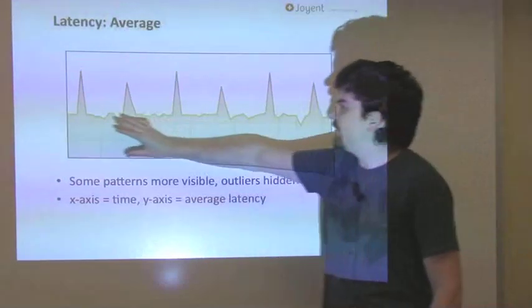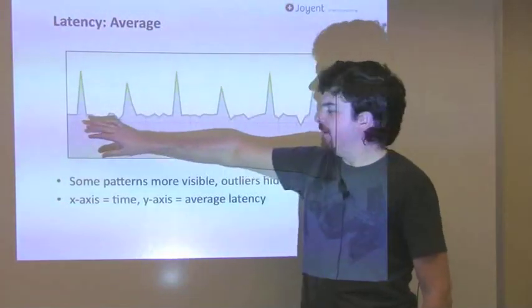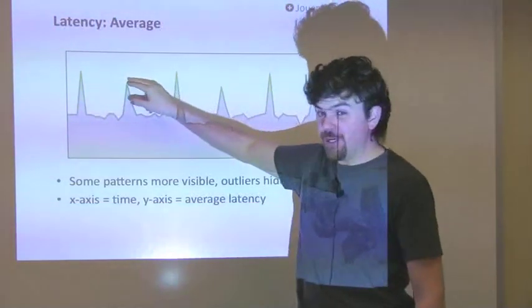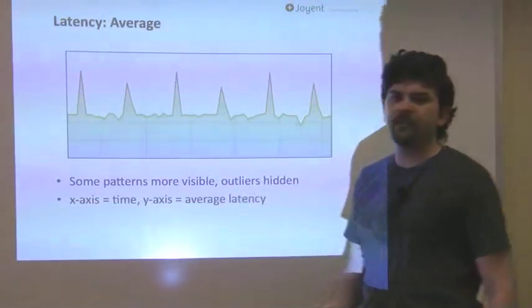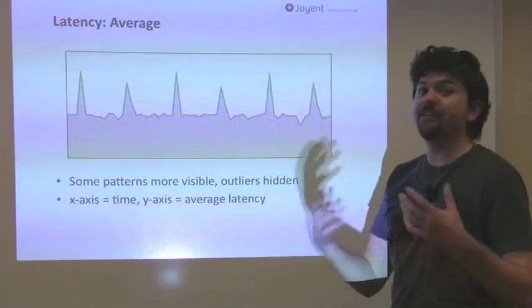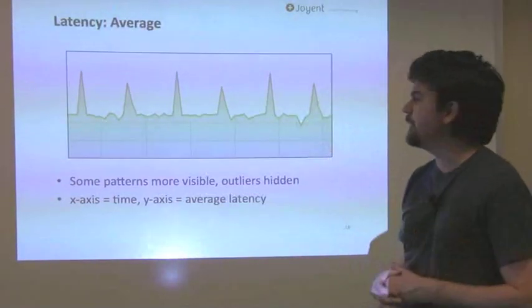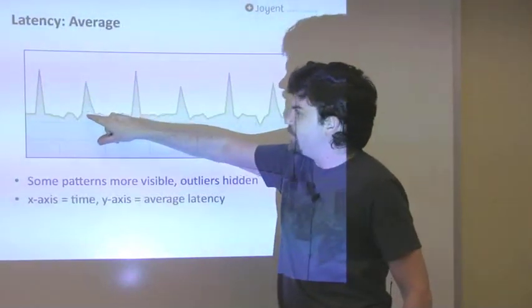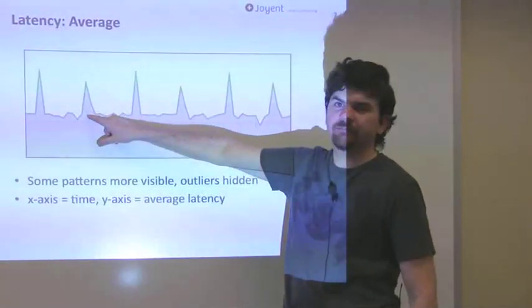If this was queries, if I was doing 5,000 queries a second and my average latency goes up that much, it means all those queries are so much slower, or there's quite a number of queries that are dragging it up. What if instead, at this point in time, there was only one query?